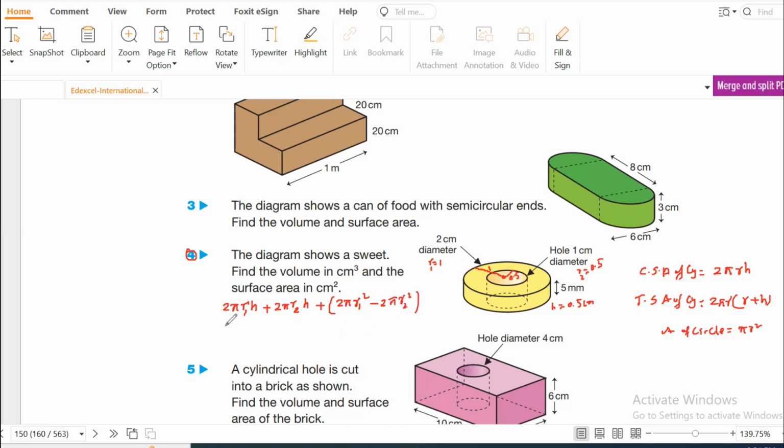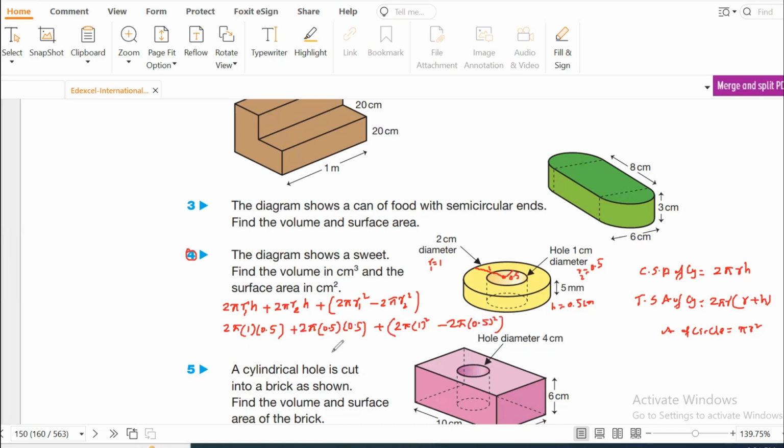So now once we replace the values, 2 pi, r1 is 1 and height is 0.5, plus 2 pi, r2 is 0.5 and height is 0.5 as well, plus bracket open, 2 pi r1 is 1 square minus 2 pi r2 is 0.5 whole square.